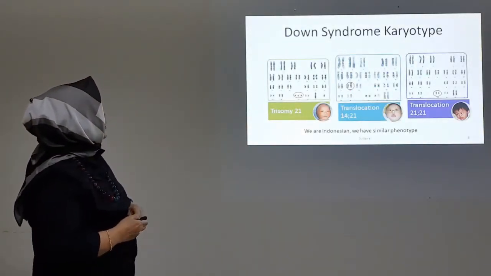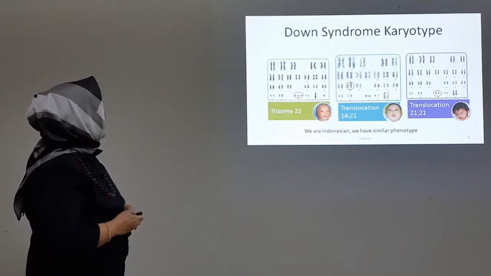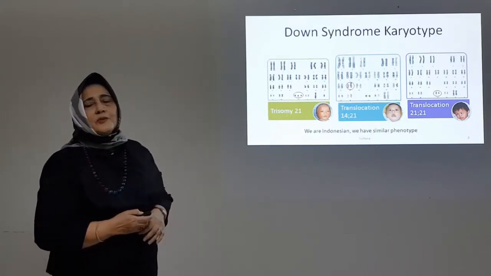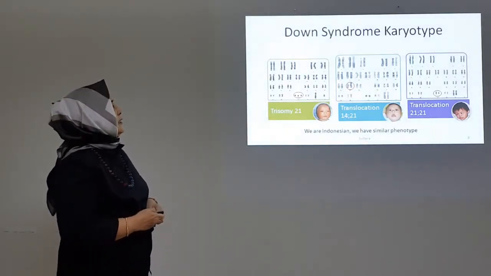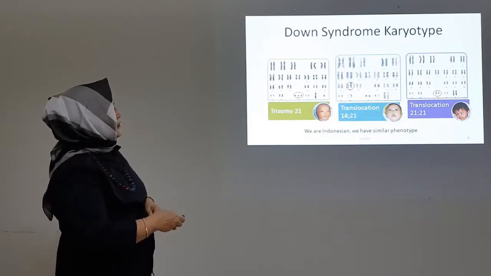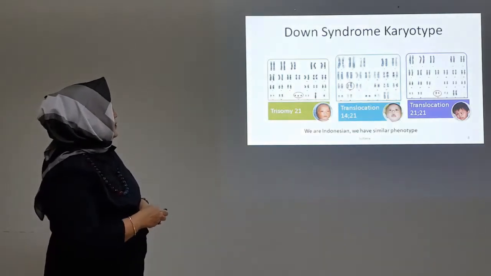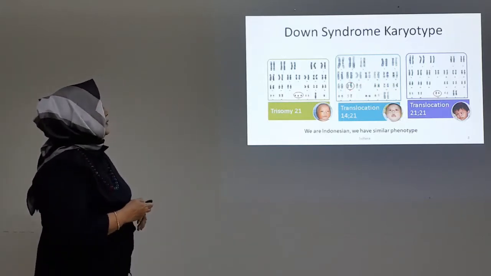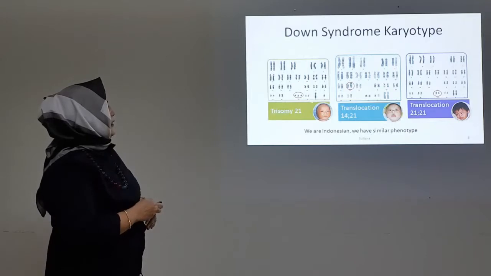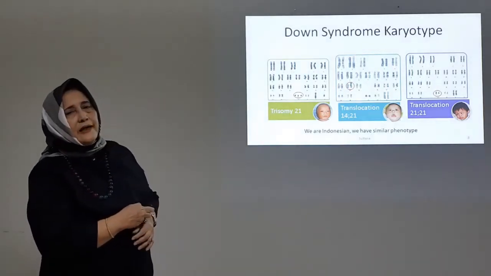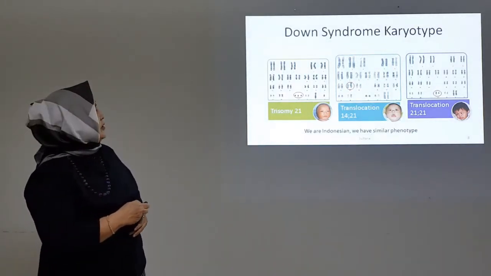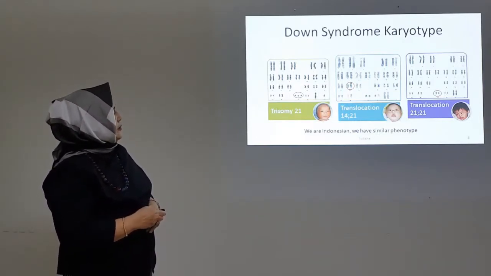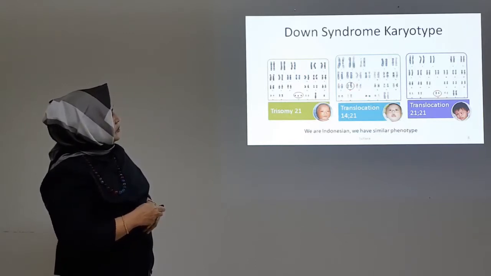And the next one, this is the karyotype of the Down syndrome. You see there are 3 types of chromosomal abnormality, although they have the same clinical sign. Look at this here, they have almost similar, all of them are Indonesian, but the first one, they have trisomy 21, so they have 3 chromosome 21, and this one, they have translocation between chromosome 21 to chromosome 14.